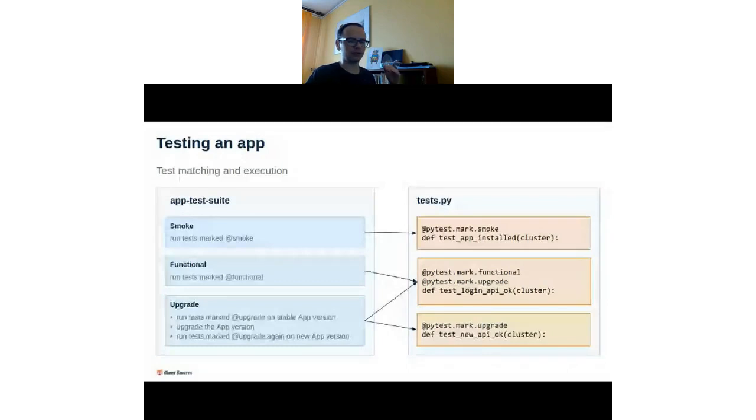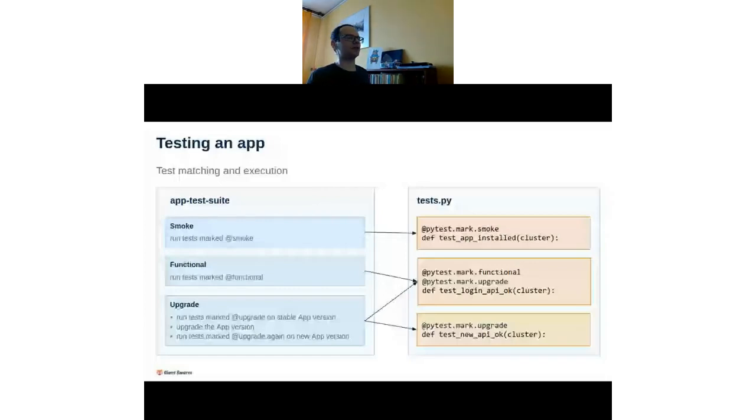But as you can imagine, it is easy to run into problems when you upgrade from one application version to another, and there were some breaking changes that you missed, or basically anything. Upgrade is a tricky process sometimes, so it's really good to test this automatically. And in this case, our tool will first deploy the last known stable version of your application. Then it will do the upgrade and tell you what the results are.